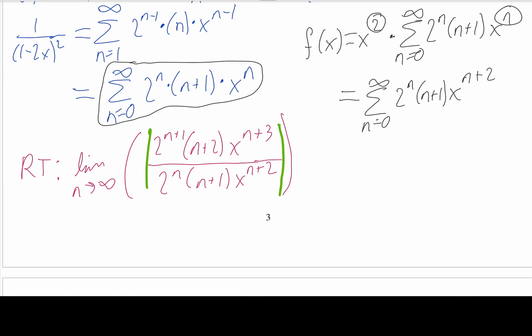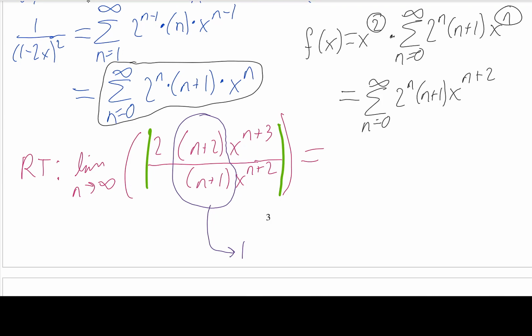Alright, well this is going to be equal to 2 to the n plus 1 divided by 2 to the n. That's just 2, so I can get rid of that. Now, this part right here is going to go to 1. Right, this goes to 1.